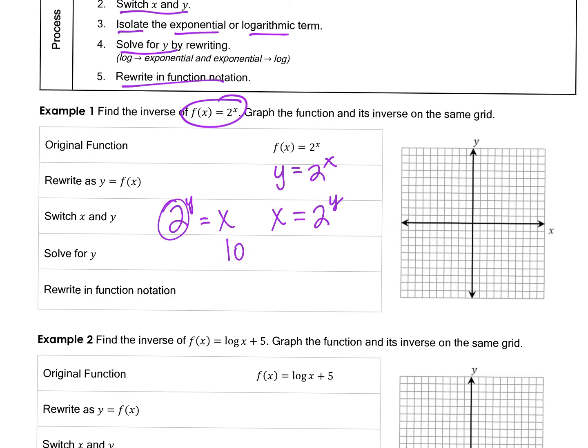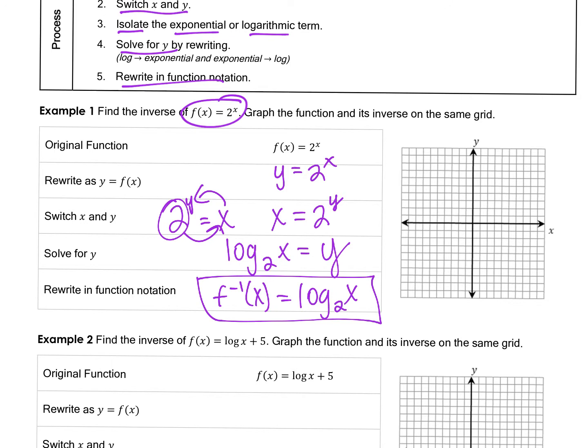So I'm going to change it to log base 2 of x equals y. I changed it from exponential form to log form. Notice we now have y by itself, so instead of y, I'm putting f inverse of x equals log base 2 of x. So there's my inverse equation.